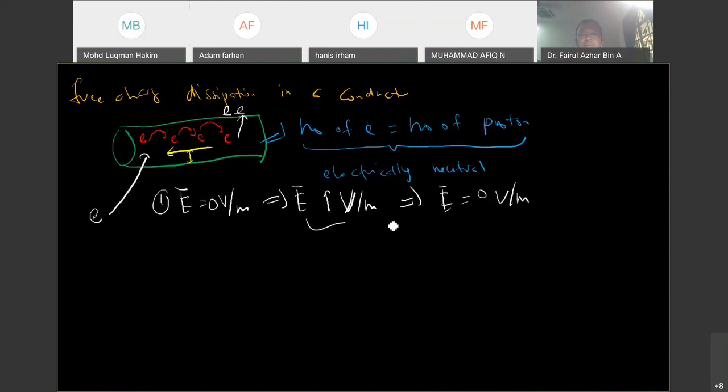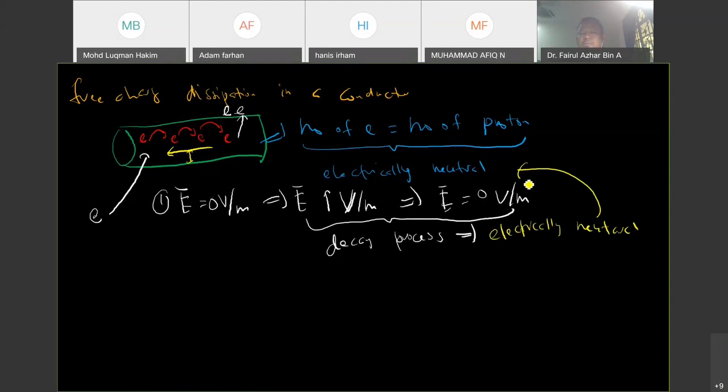This process we call the decay process, a process where the value of the field is reduced back to zero, so that the conductor reaches its electrically neutral condition as before.